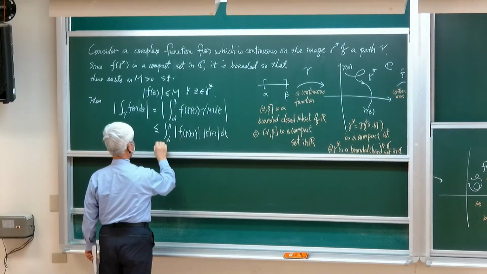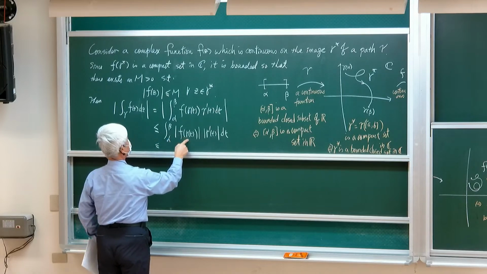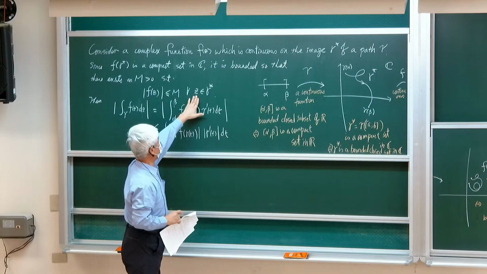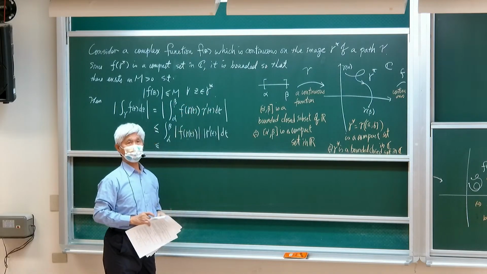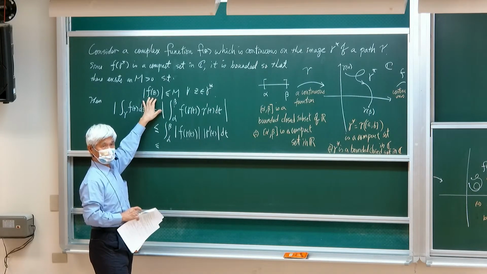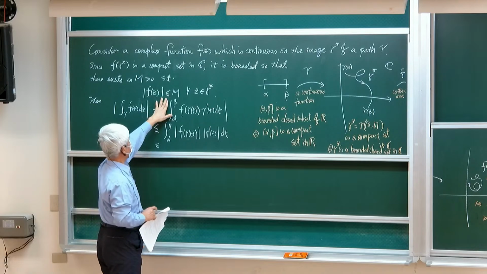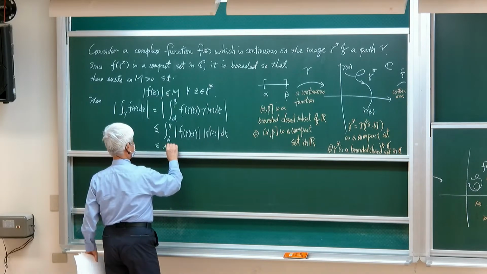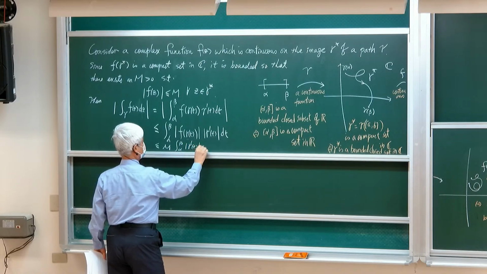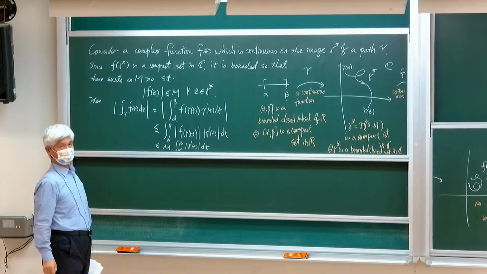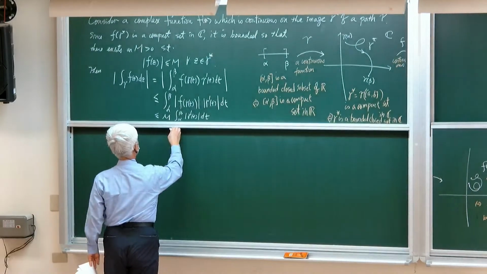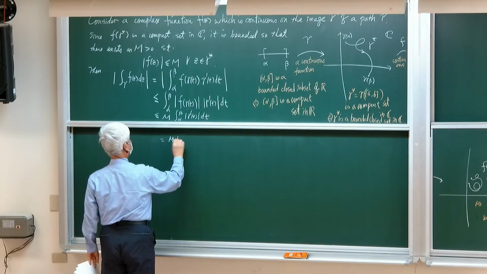And because for every point in gamma star, the absolute value of the function value is less than or equal to capital M, we have M here.